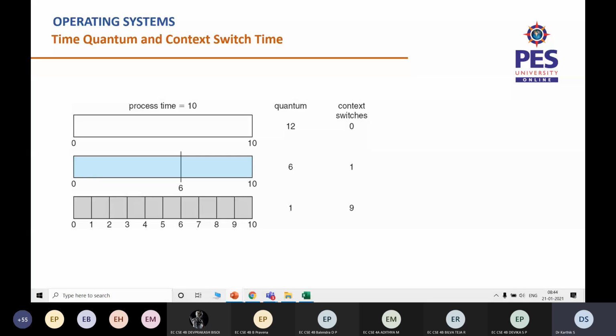The entire 12 milliseconds is allocated to this particular process P1. Out of that, it will use only 10 milliseconds and it completes its execution. So is there any context switch happening at this point? No, right? Because it's able to complete everything within the time. So the number of context switches in that case becomes 0.